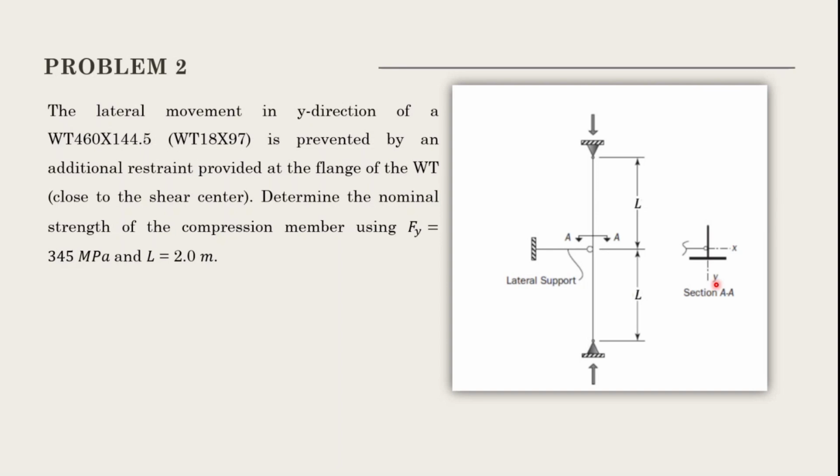So when you evaluate the lengths, the length of the column with respect to the y-axis is reduced into half, or by a factor of 2. So if L is 2 meters, the length with respect to the x-axis is 4 meters, and the length with respect to the y-axis is 2 meters. Okay?